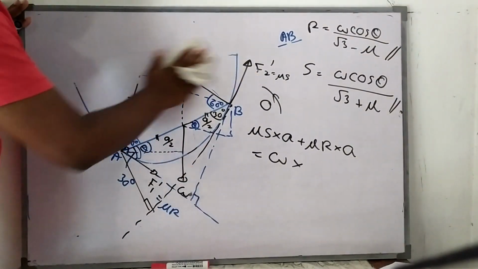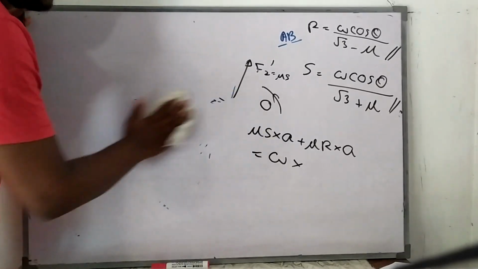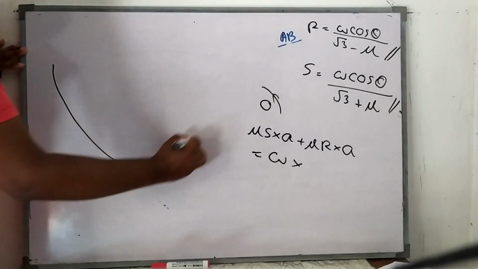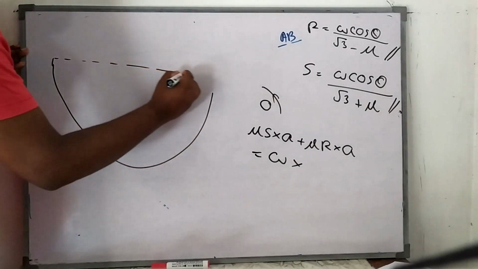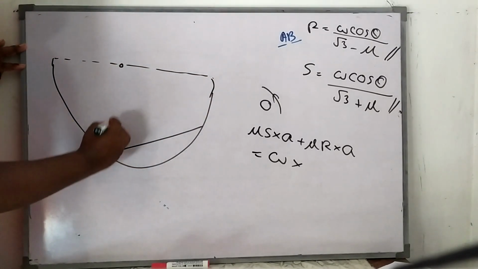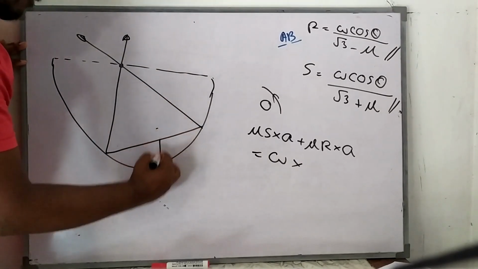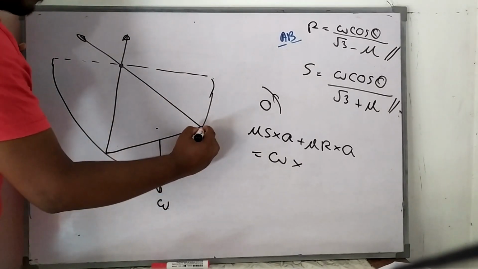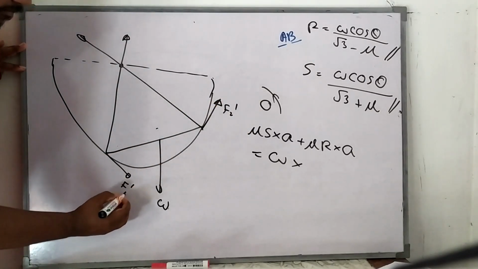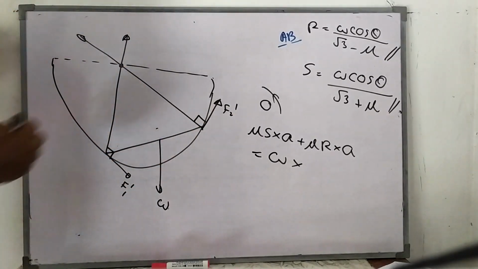So I'm removing this diagram and drawing another diagram including only our main data, because it's difficult to find the perpendicular distance in the previous diagram. So this is my diagram again. Here we have R and S. The friction should also be there, F2 dash, F1 dash. So the objective is finding the perpendicular distance of the weight.